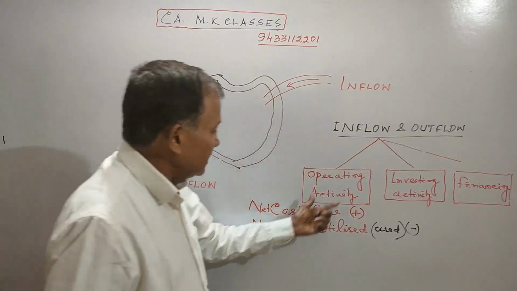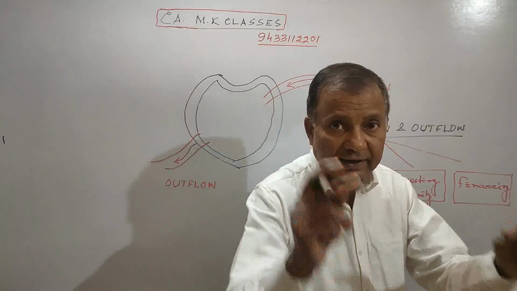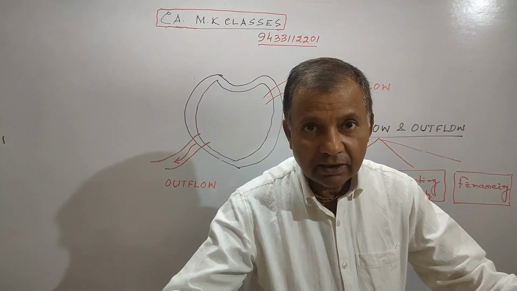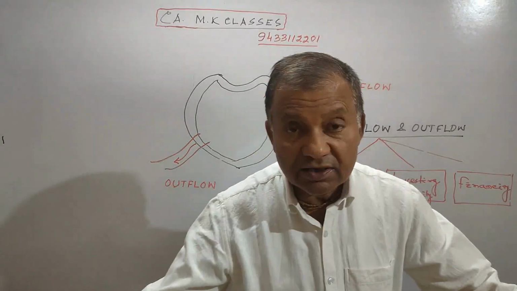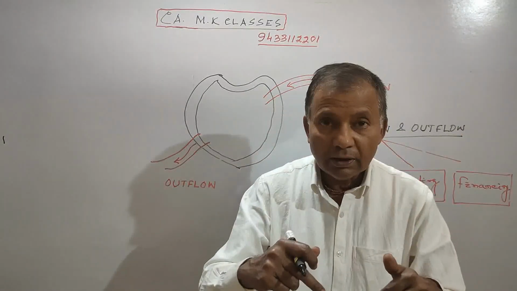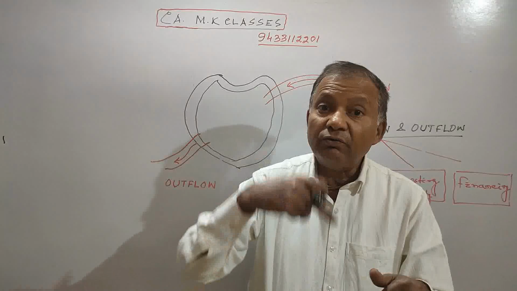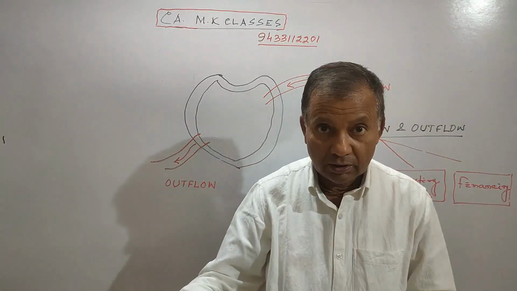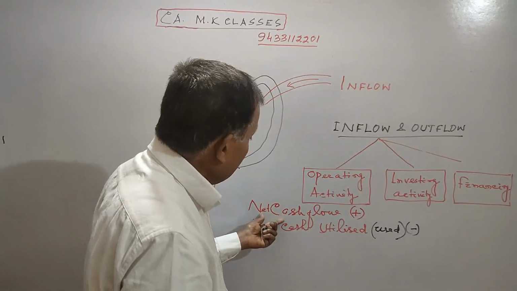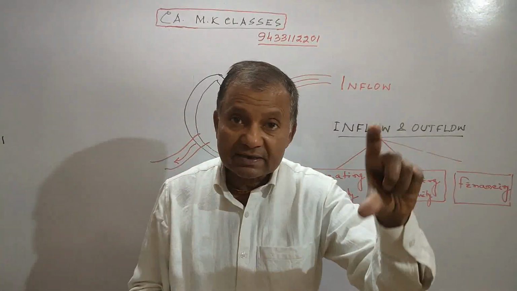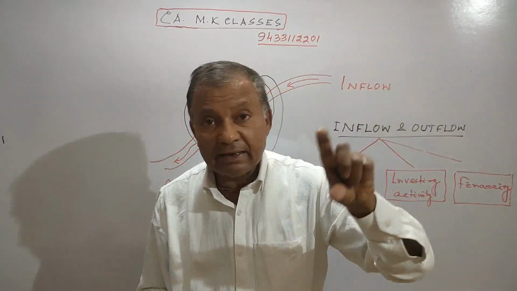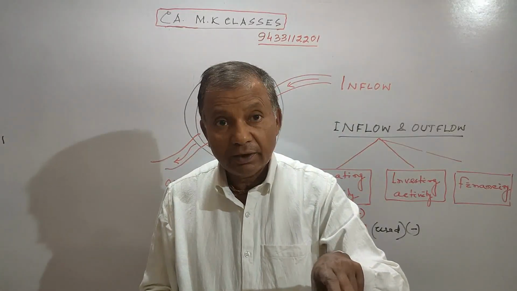If the net result of any activity is negative, then it is net cash used, because inflow is less and outflow is more. If the net cash flow is positive, that means inflow is more than outflow.